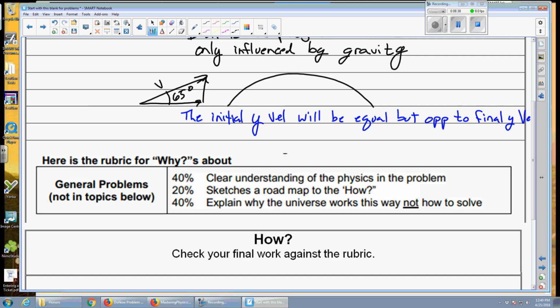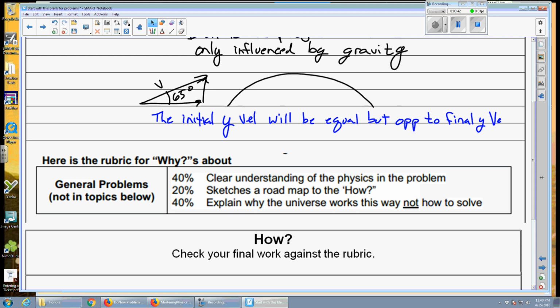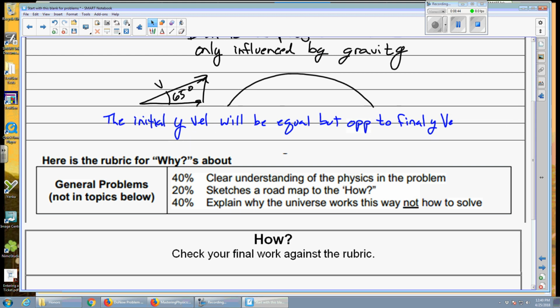Oops, I should move that over. That's only true if it takes off and lands at the exact same height. Any other heights, that's not true. But might as well use it because this one takes off and lands at the same height. It might prove useful to us.